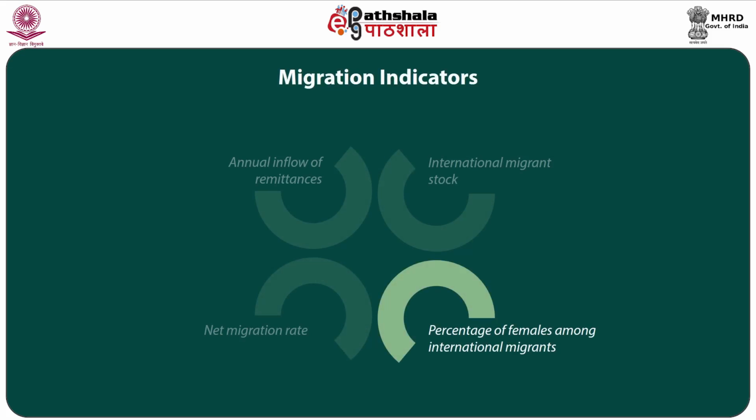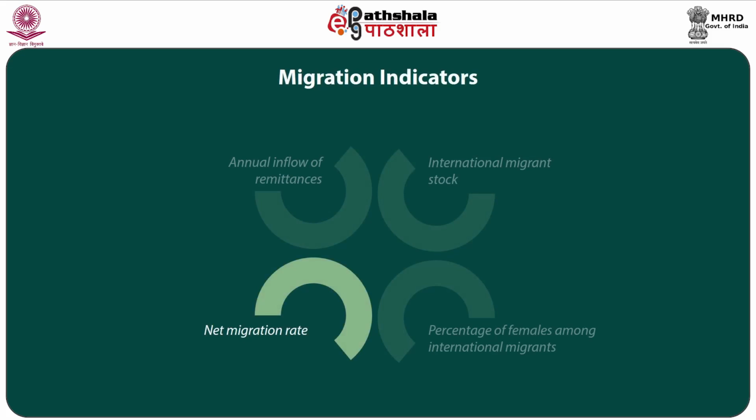The second one talks about percentage of females among international migrants: number of females as percentage of total international migrant stock in a given year. If the number of foreign born people is not available, the estimate in such cases refers to number of people living in a country or area other than that of their citizenship.